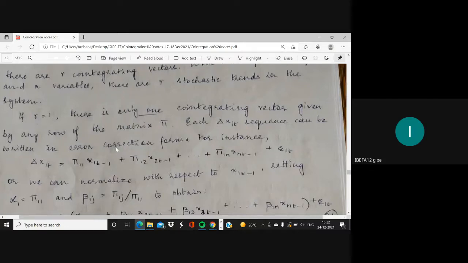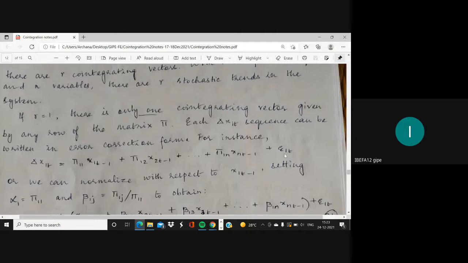Okay, so for example here, since we're saying that each of these delta xit sequences can be written in error correction form, for instance, let's take up the first equation of the VAR model. This model will have the first equation taking this form, delta x1t, denoting the first variable in the system.